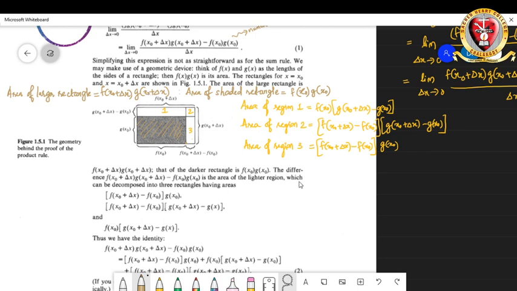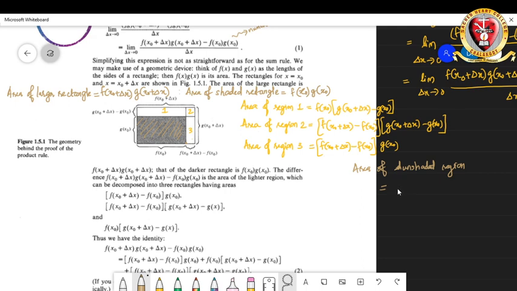So here we can infer that the area of the unshaded region is equal to the area of the bigger rectangle minus the area of the shaded region, right?